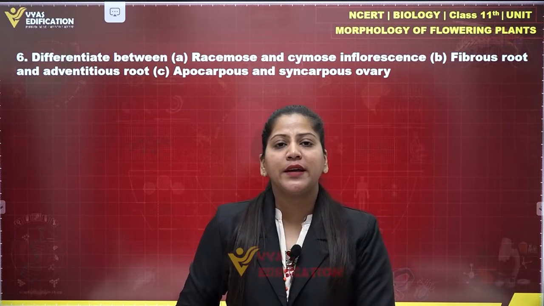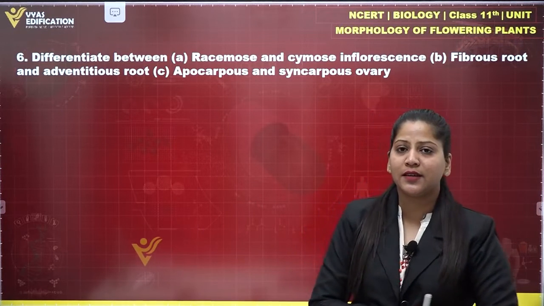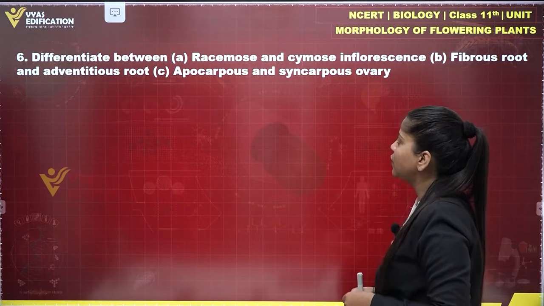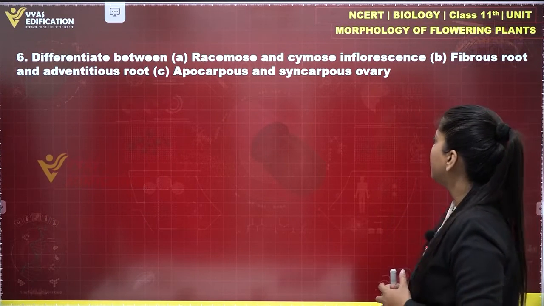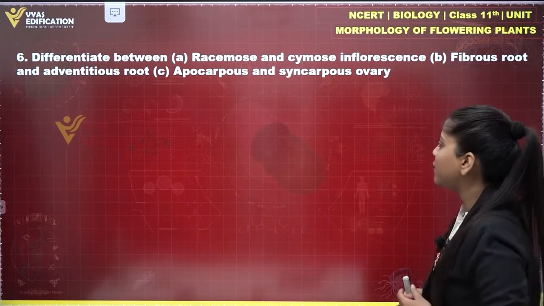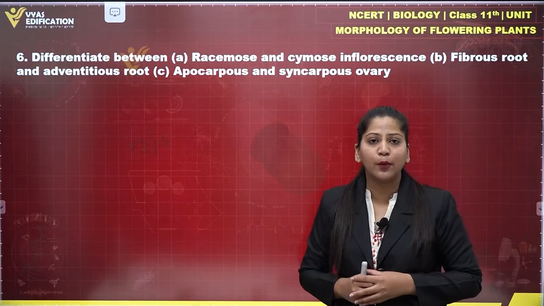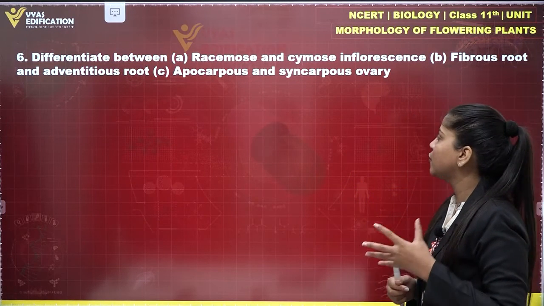So let's talk about the next question, that is question number 6, and is asking to differentiate between racemose and cymose inflorescence. We have to differentiate between fibrous root and adventitious root, and also we have to differentiate between apocarpus and syncarpus ovary.